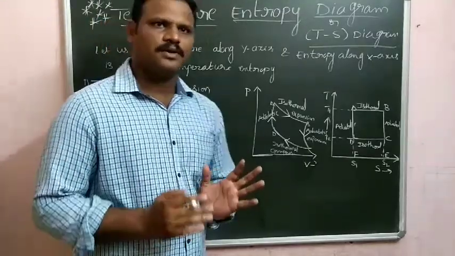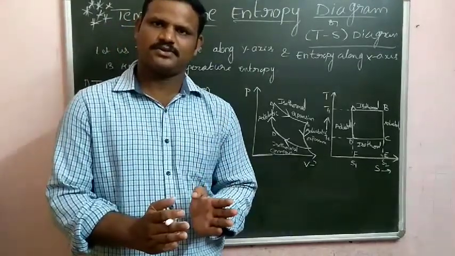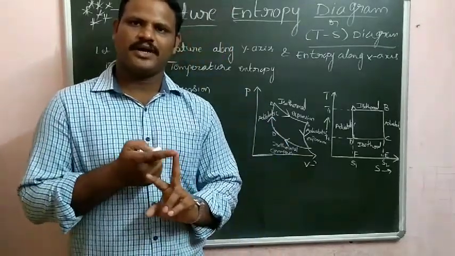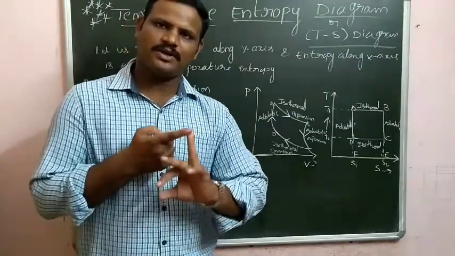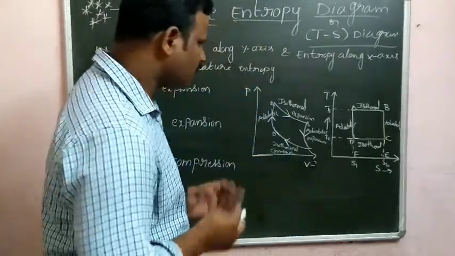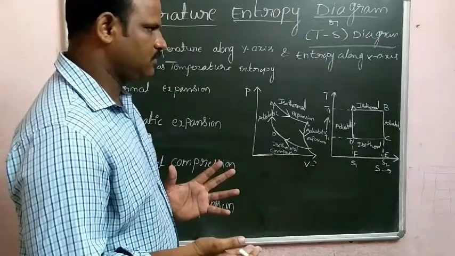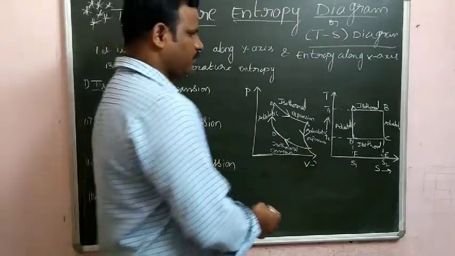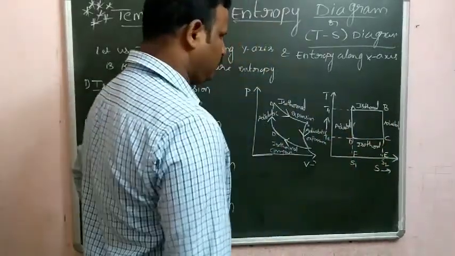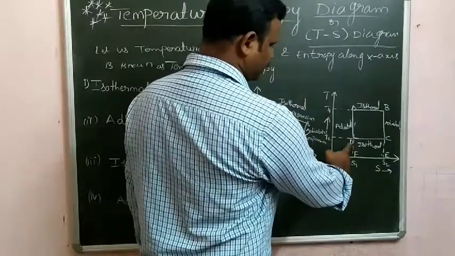First of all, let us consider the Carnot cycle, the working substance, the four parts: isothermal expansion, adiabatic expansion, isothermal compression, adiabatic compression. AB, BC, CD, DA. Isothermal, AB, S1.